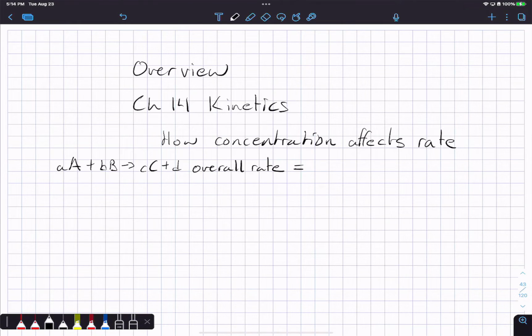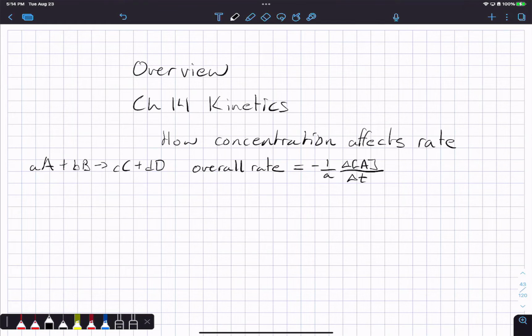I'm not going to write out the whole rate expression, but if we wanted to get this overall rate from one of the reactants, we'll say A, then that would be negative 1 over A times the change in the concentration of A over some change in time.